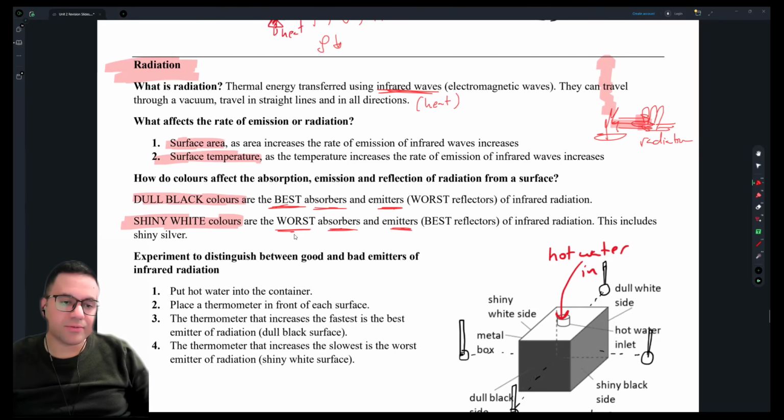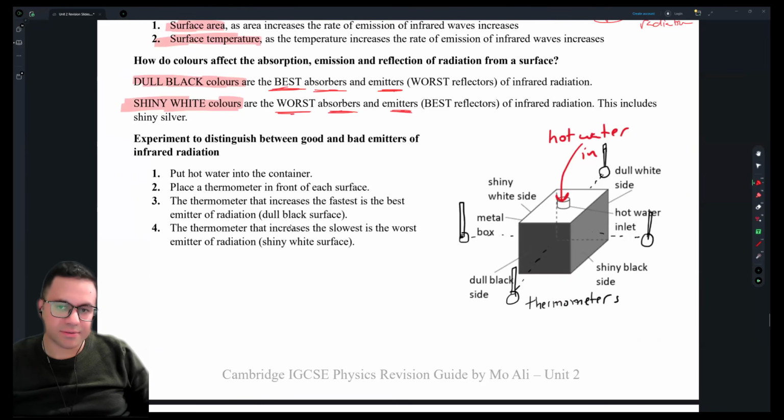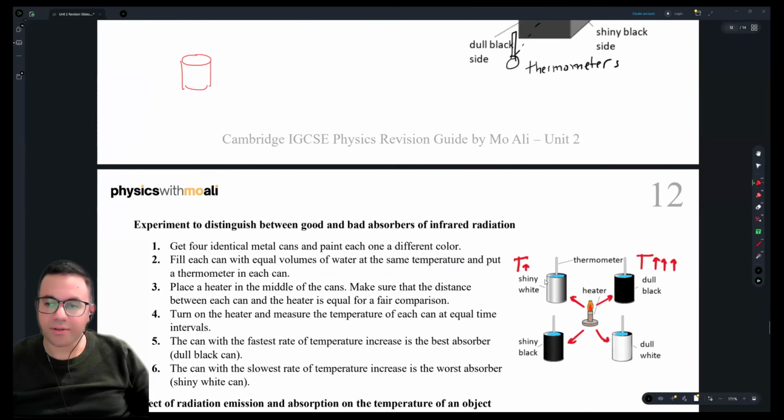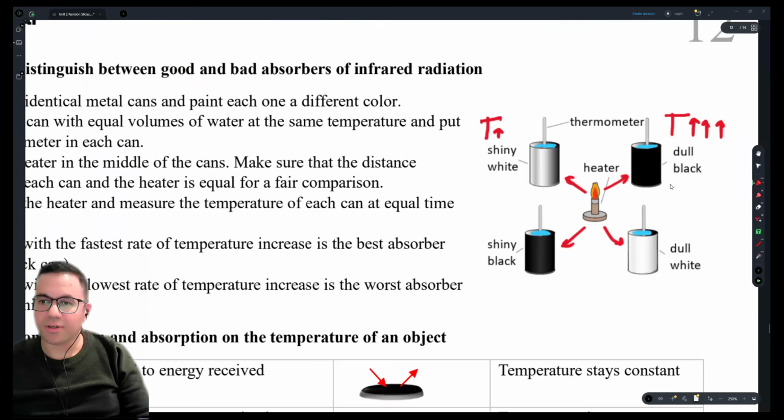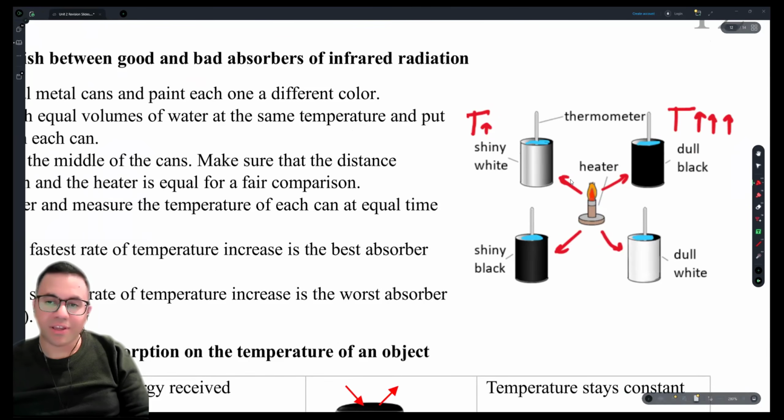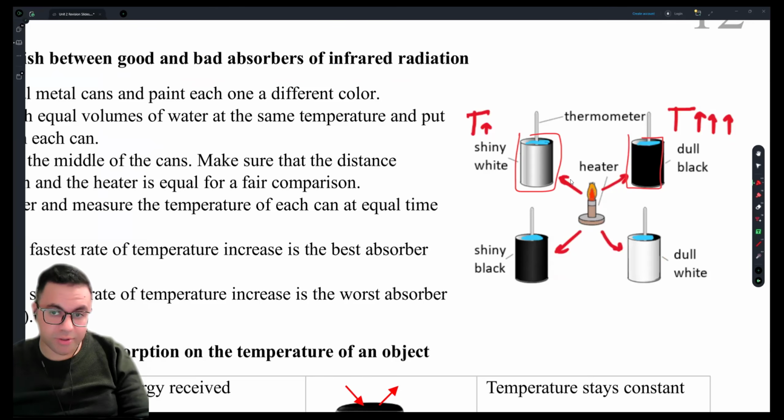This means if I have two metal cans, you can use this experiment to distinguish between good and bad emitters. Here it is. I forgot I had this in. Two metal cans, one that's dull black, one that's shiny white, and they're full of water.